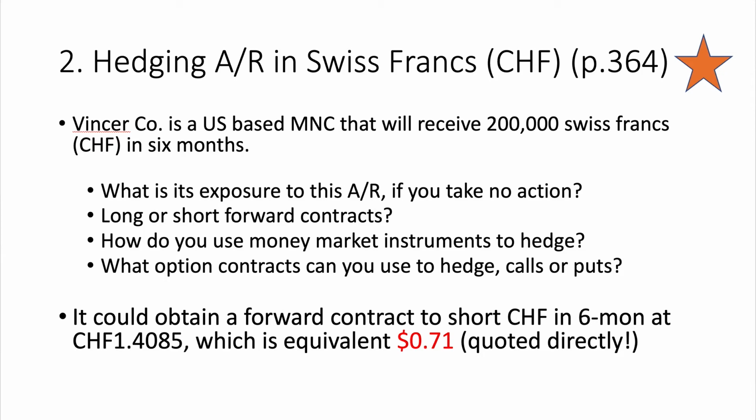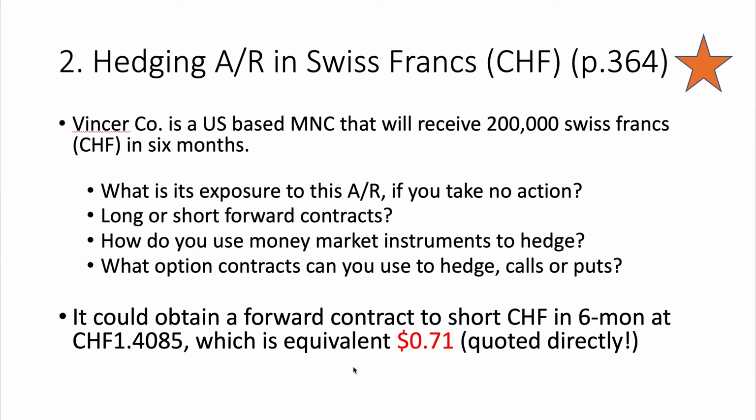Okay, so in this case, we're going to do it step by step. But remember, at the very beginning of this course, I said that when you're dealing with foreign currency, most currencies are quoted indirectly. For example, for Swiss franc, the rate for 6 months is 1.4085 Swiss franc per dollar. This is the indirect quote, commonly quoted.